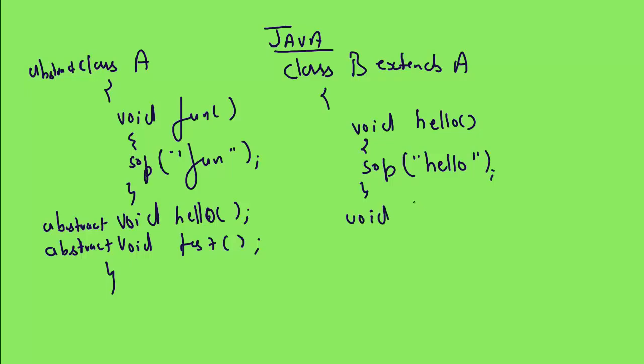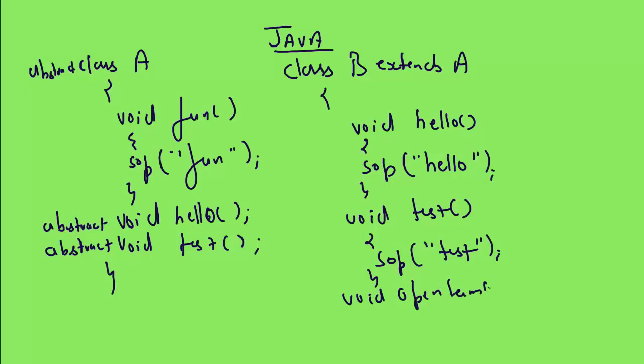Void test, SOP of test. Okay. This can have some extra member, void open lambda, and then give some sysout statement as open lambda.